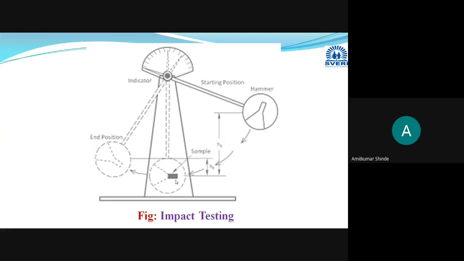Okay, and we are able to measure the impact strength of this specimen with the help of impact testing and tensile impact energy testing. In this way, we have completed the different testing methods which we conduct on the plastic materials.